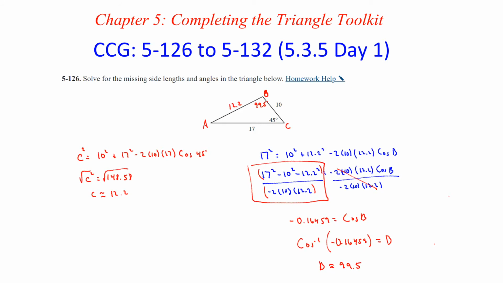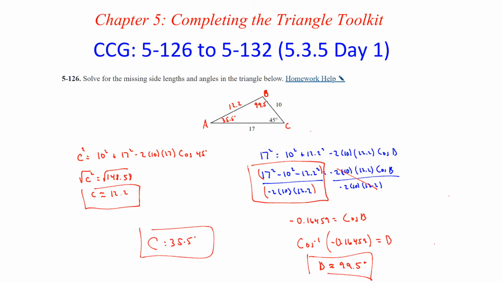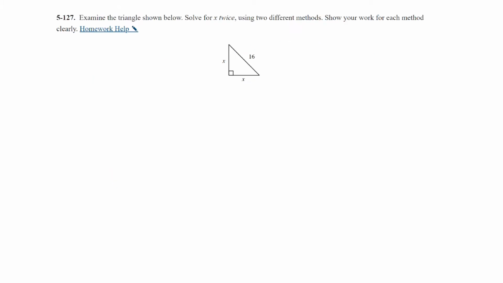And then from there, we can take 180 minus 99.5 minus 45 to get the last angle, angle A, to be 35.5 degrees. So we have C, we have B, and then angle C is equal to 35.5 degrees. So we have solved the entire triangle. We found the missing side length. There's only one, and then we also found the angle measures.